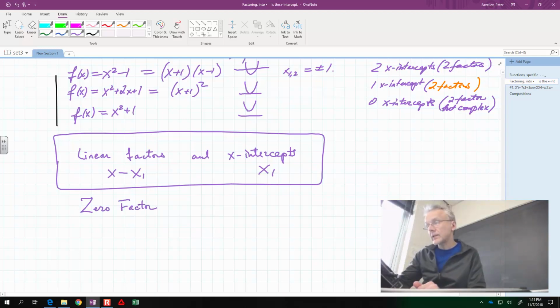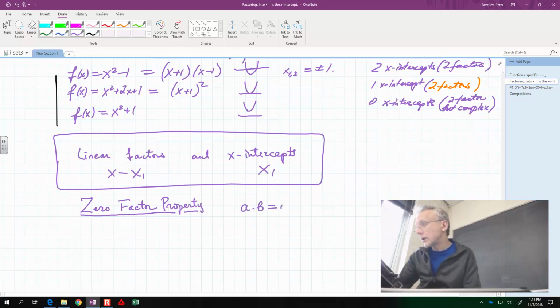It has nothing to do specifically with polynomials. It deals with numbers. What we're saying here is, if a times b is equal to 0, then either a or b is equal to 0. So you cannot multiply two numbers, neither one of which is 0, and end up with 0.